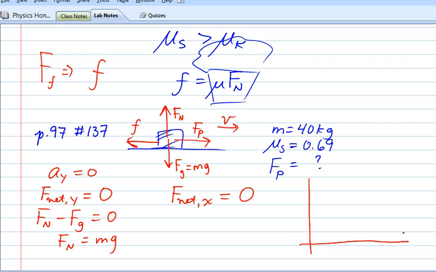It looks kind of like this. If you think about it, if I do a graph of the push that we put on something and the force of friction.